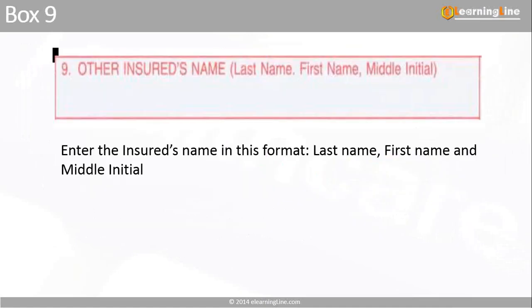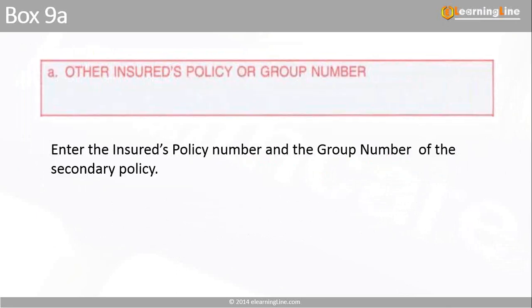Other insured name. What does other insured mean? It means the individual, the patient, has any other insurance besides the primary insurance. So that is more of a coordination of benefits, which I will explain in detail. Then the other insured's policy or group number.